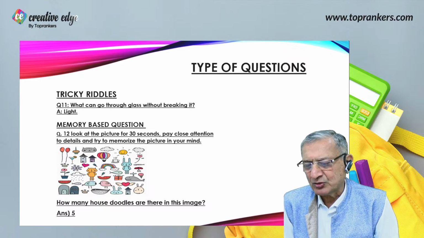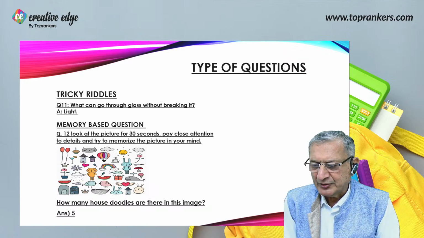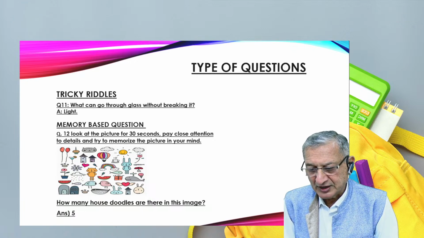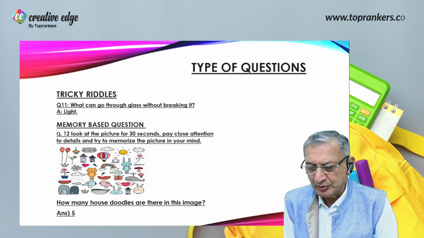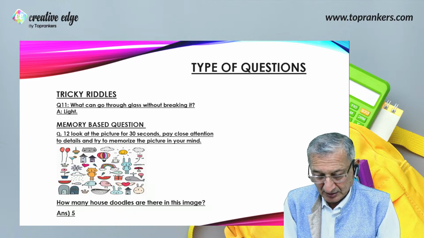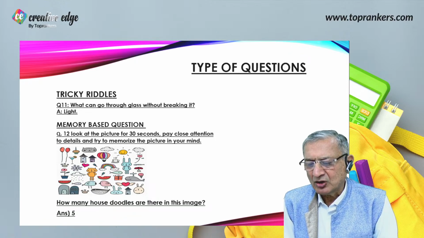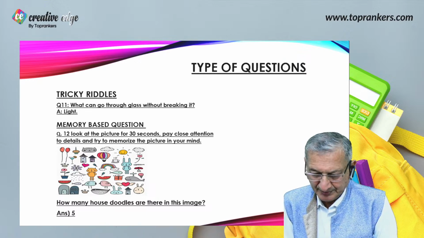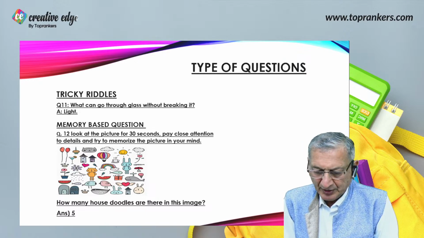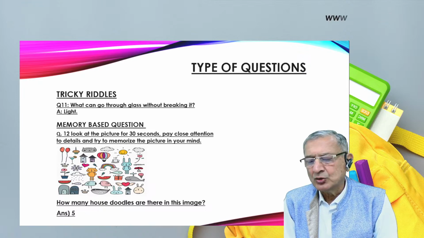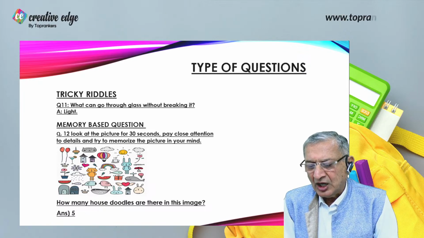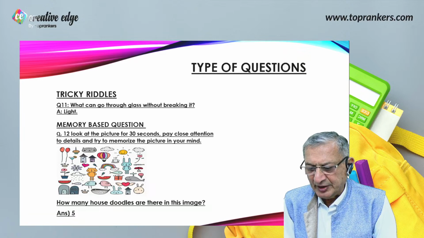Then a memory-based question. Look at the picture for 30 seconds. Pay close attention to details and try to memorize the picture in your mind. What we do in Creative Edge, we give you a lot of practice with such visual aids and visual pictures, and then ask you to work out how many house doodles there are in this image.